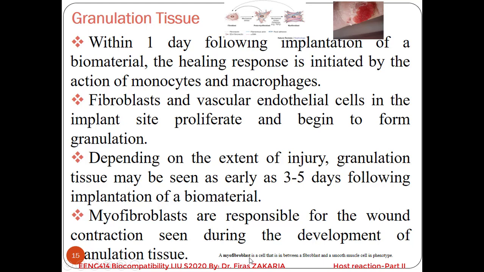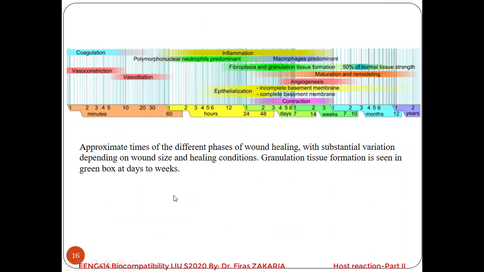Here is a definition of myofibroblast. It's a cell that is in between a fibroblast and the smooth muscle cell in phenotype, and is responsible for the wound contraction seen during the development of the granulation tissue. In this diagram, you can see the approximate times of the different phases of wound healing. So the inflammation process starts here about one day after the implantation, may continue several days, and ends after 1 or 2 weeks.